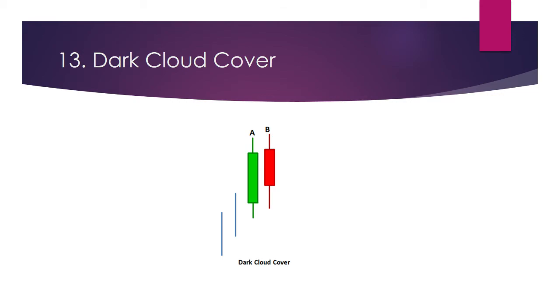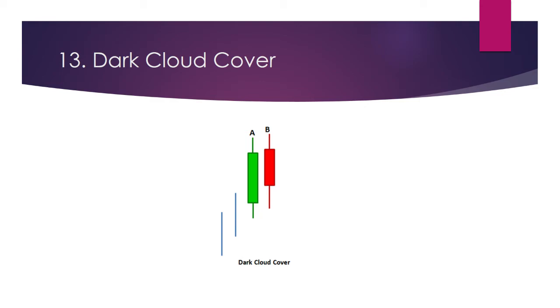This is called the dark cloud cover. The dark cloud cover is a bearish reversal pattern that forms in an established uptrend. Okay. So we see this right here. Guess what's fixing to happen, y'all?